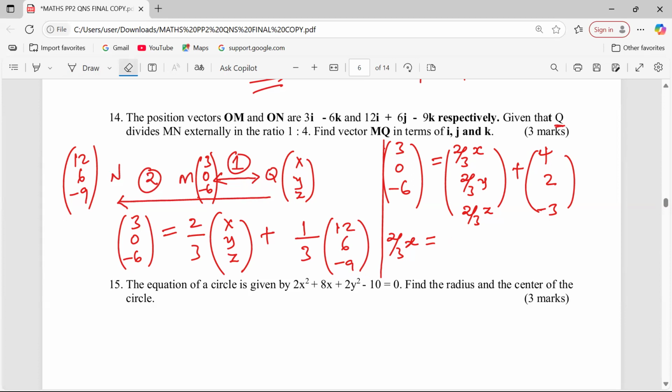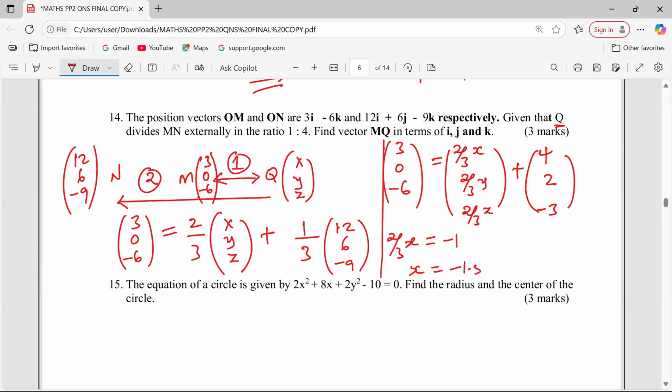So it shall be 3 minus 4, which is -1. So how do I get x itself now? x shall be -1 times 3/2, which is -1.5. What about y? 2/3 y equals 0 minus 2, which is -2. So y equals -2 times 3/2, which is -3.